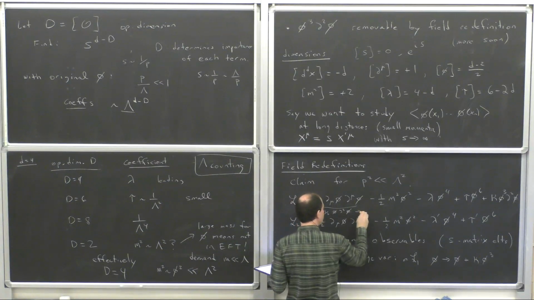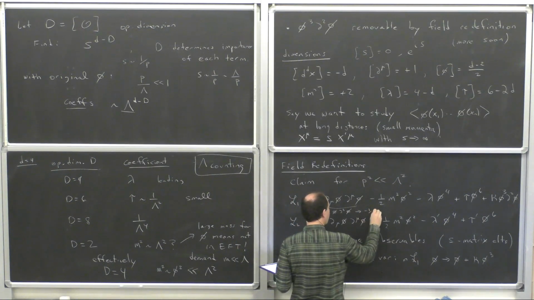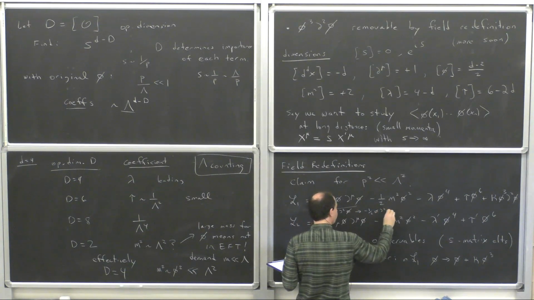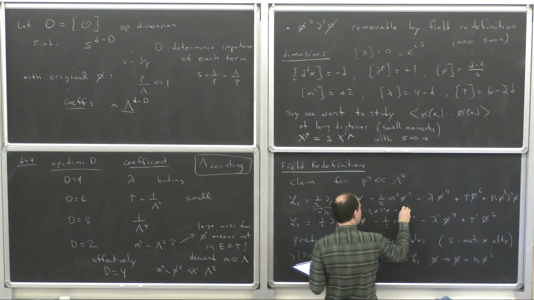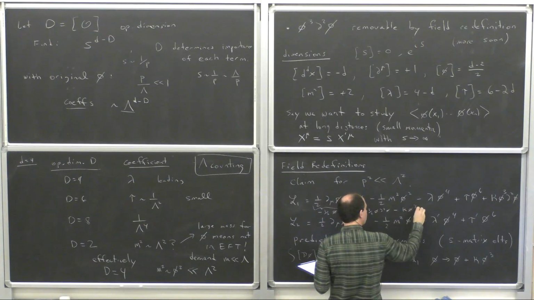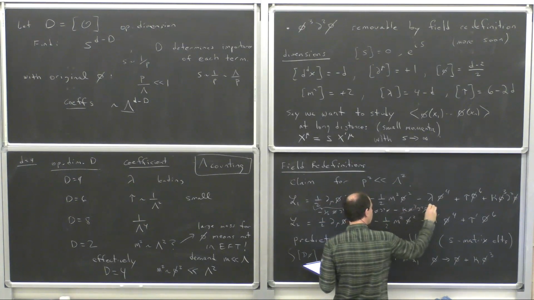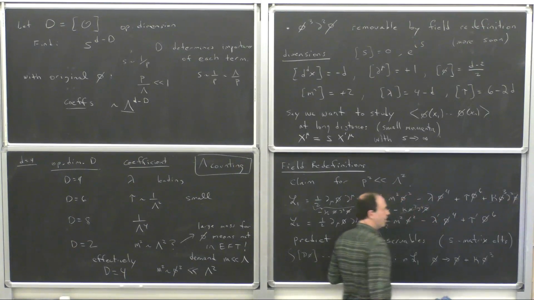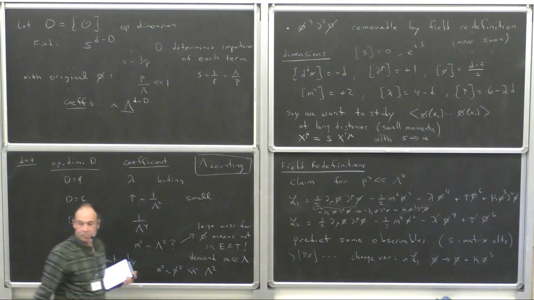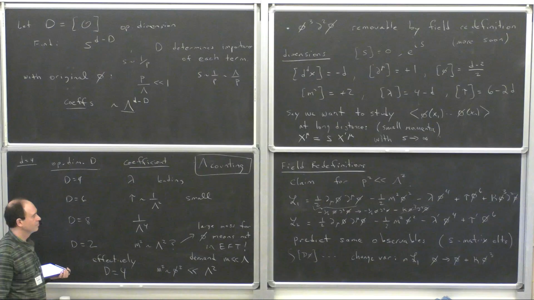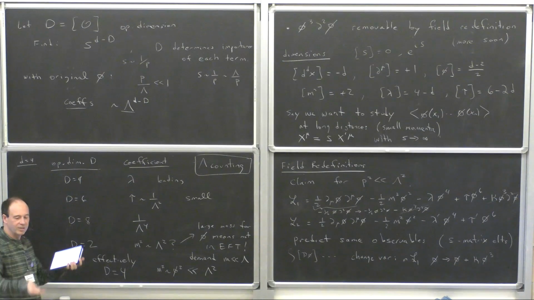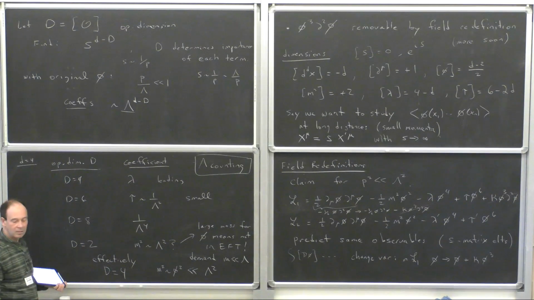And so this term here is becoming minus a half phi partial squared phi minus kappa phi cubed partial squared phi, and canceling off that term there. You can always integrate by parts, make the derivatives go the other way, so I'm using that.